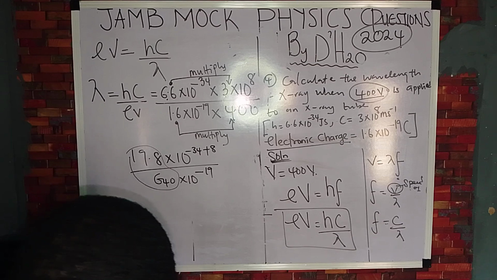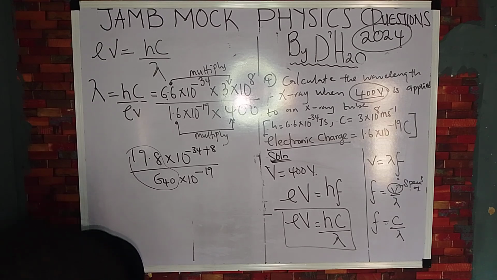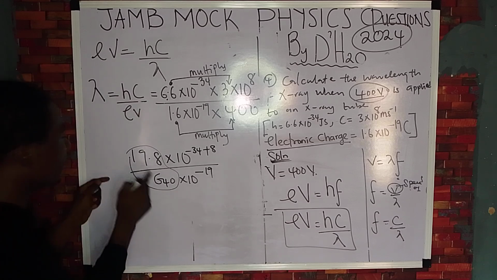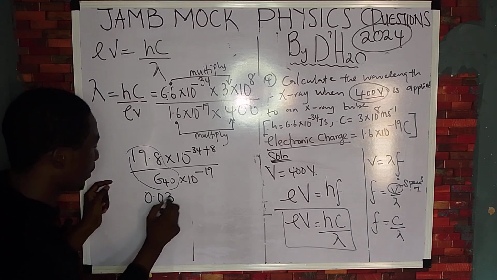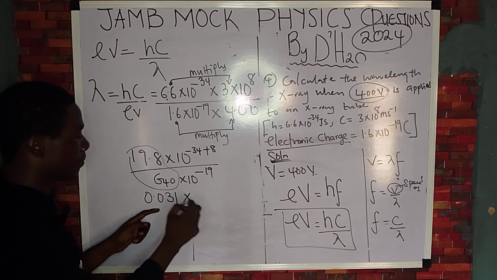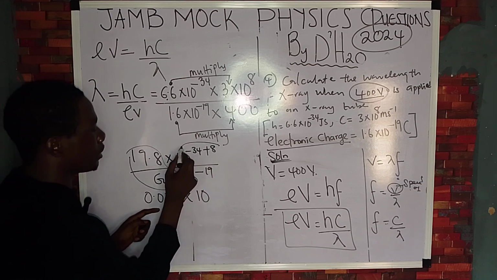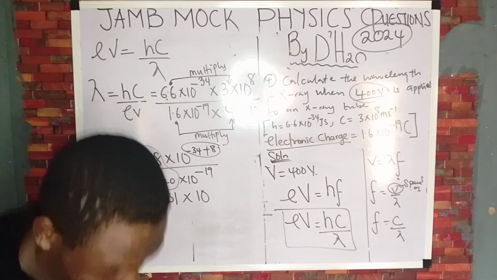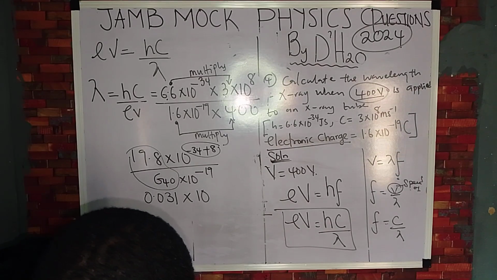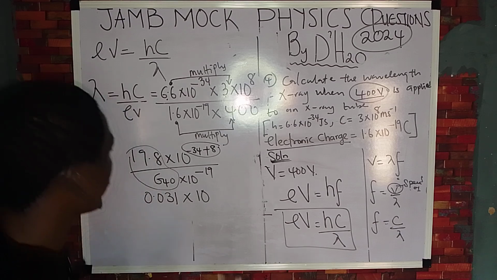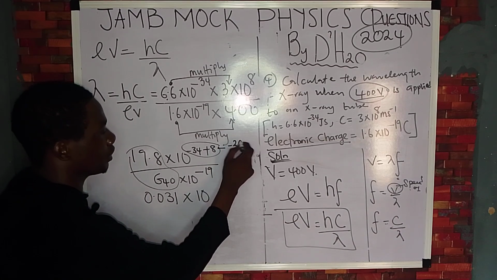you have 0.031. Then times 10. Remember, if you combine these two, you are going to get minus 34 plus 8. You have minus 26. So the power here is minus 26.